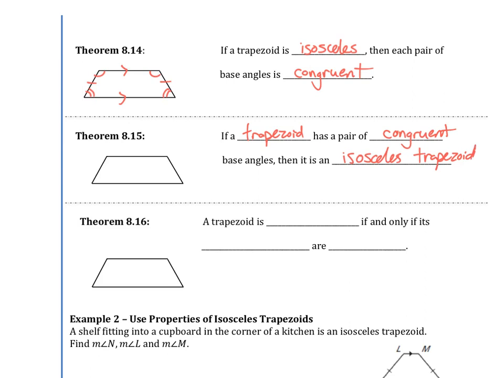So if you see the base angles are congruent, then you know it must be isosceles. So basically one of them implies the other.